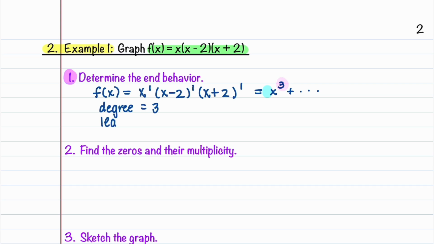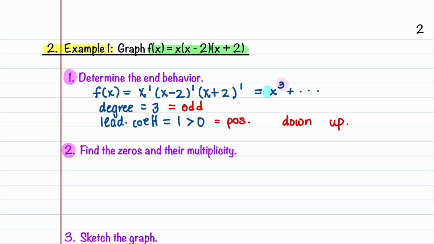So let's write down leading coefficient is equal to 1, and that is greater than 0, so it is positive. Our degree is odd, and our leading coefficient is positive, and that tells us that our end behavior is going to go down on the left and then up on the right.